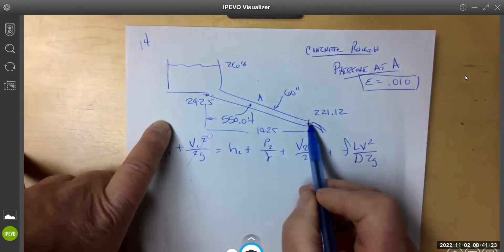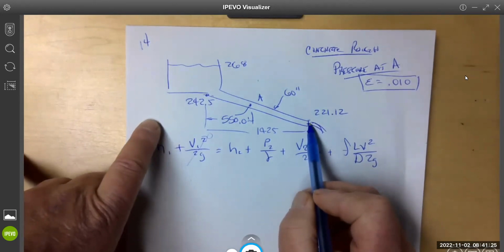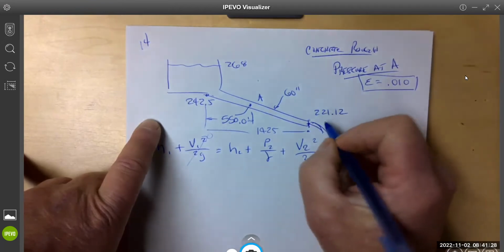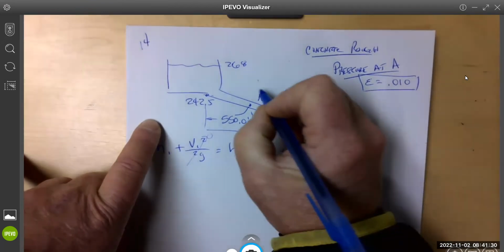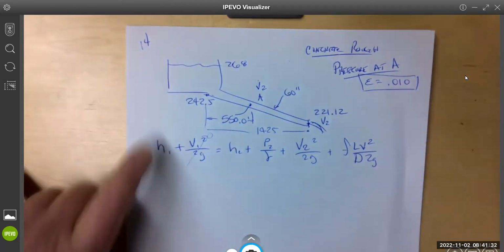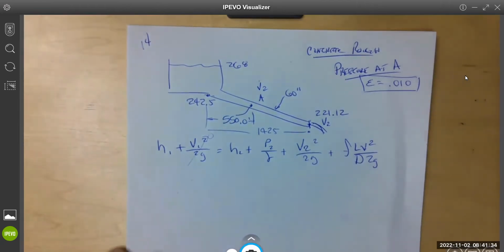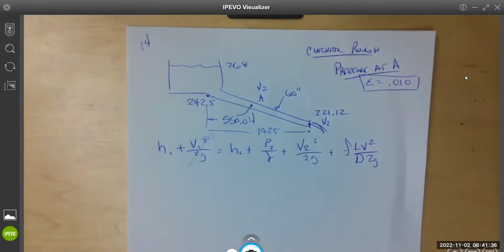And that's the problem that we just did, finding the velocity at the exit. Once I have V2, it's going to be the same at A, because the velocity in the pipe is consistent throughout the pipe. How does that help us find pressure? Well, then we can do this equation here because V2 and P are the only things I'd have left. If I would have just given you that information, yeah, we should have read it in class.